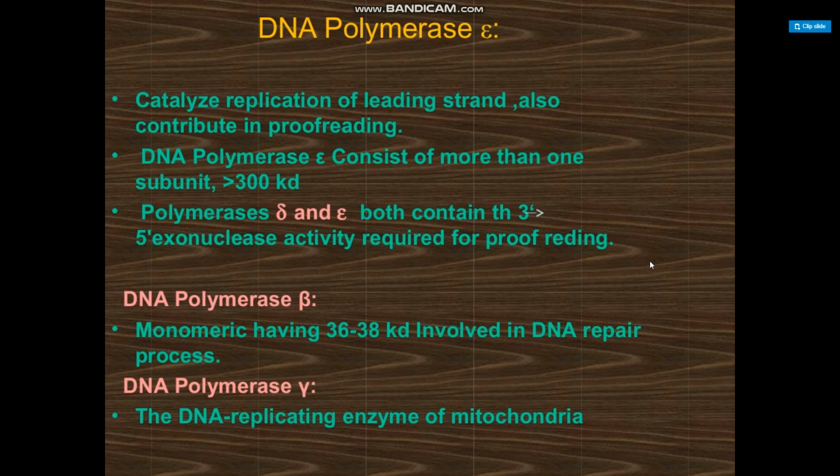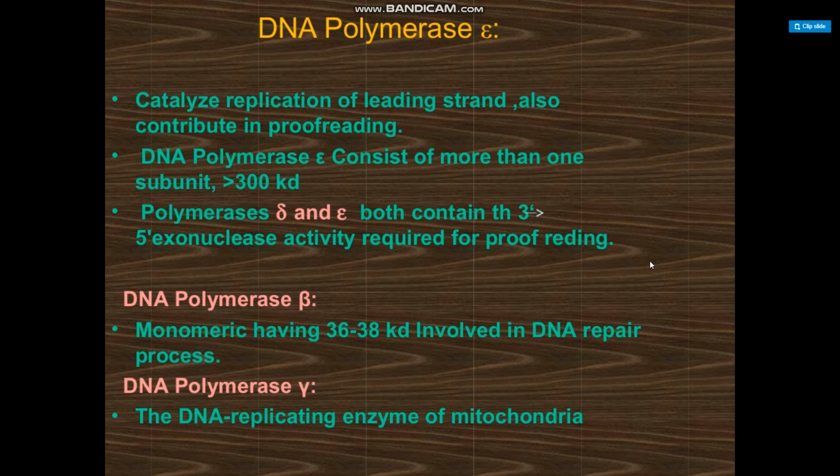And DNA polymerase beta is monomeric, 30 to 38 kD, and involved in the DNA repair process. The last one is DNA polymerase gamma, the DNA replicating enzyme of mitochondria.